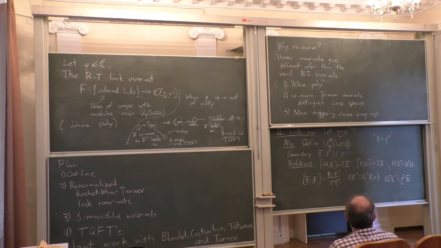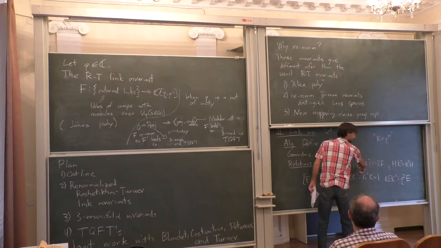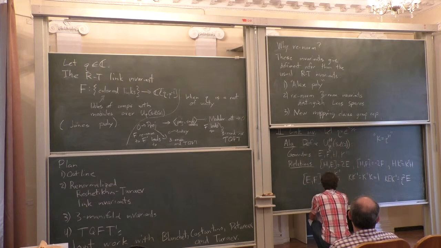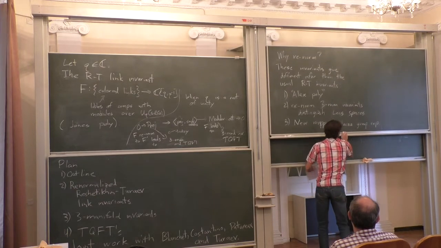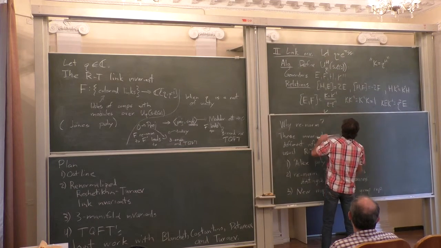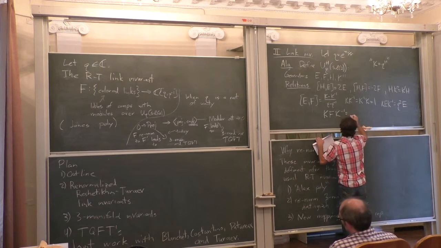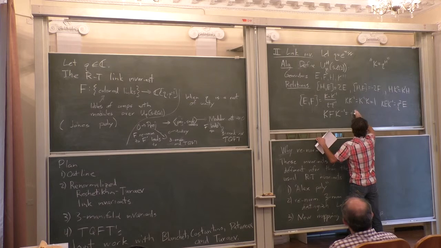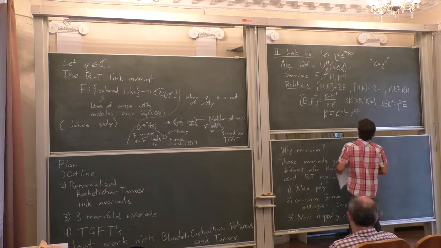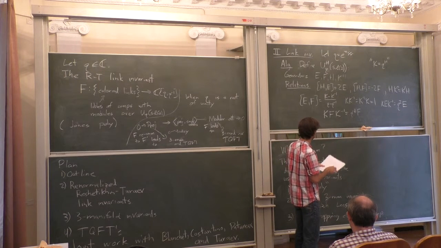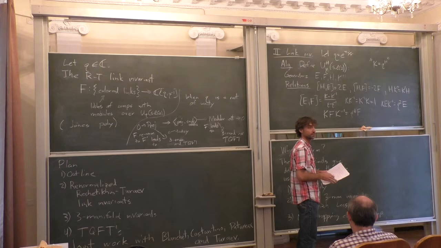And then we also want to deform this to K. So when I deform that, I get K F K inverse is equal to Q to the -2 F, and I believe that's all the relations. Yeah, so those are the relations.